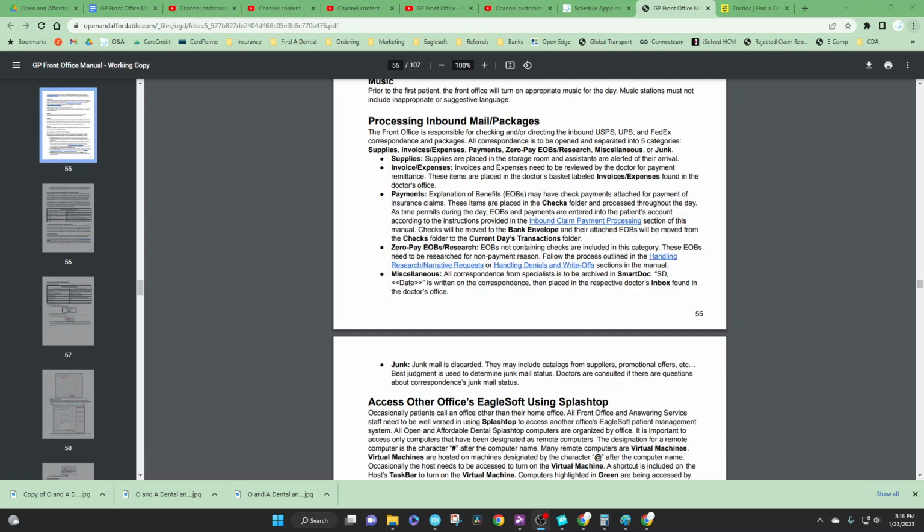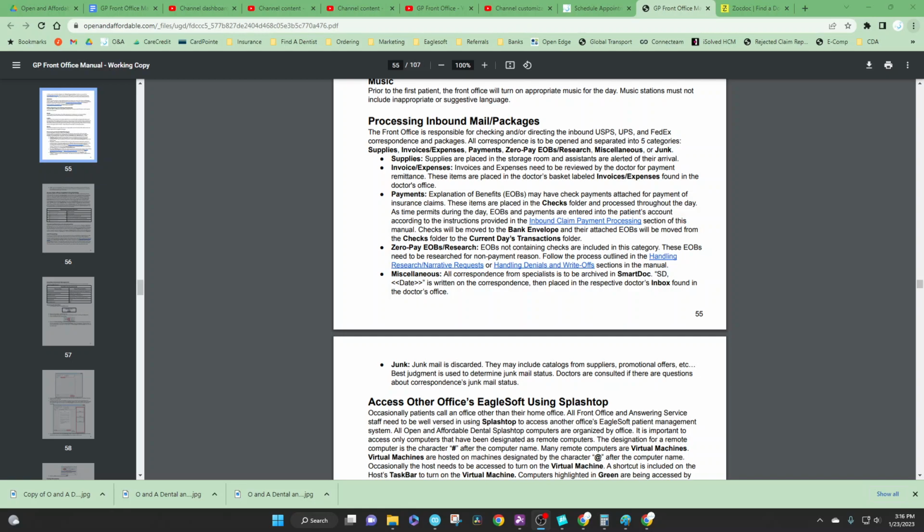And then the final category here is miscellaneous and junk. So miscellaneous could be correspondence from specialists. If correspondence from specialists is received, usually it's about a patient that was referred out, and then the specialist performed a procedure on that patient, and then they are sending in the information on what was done.